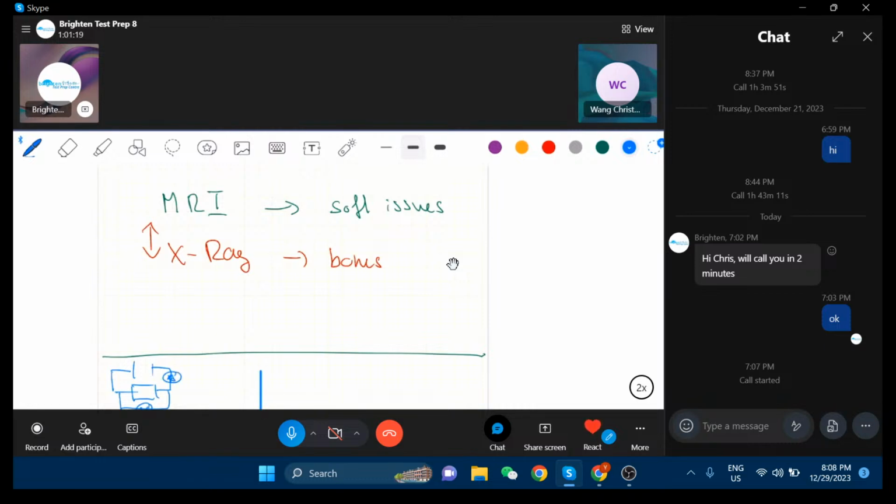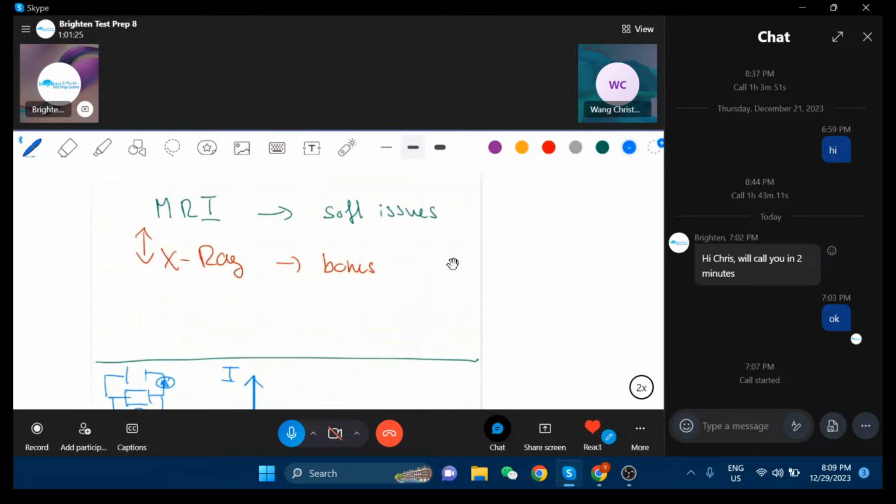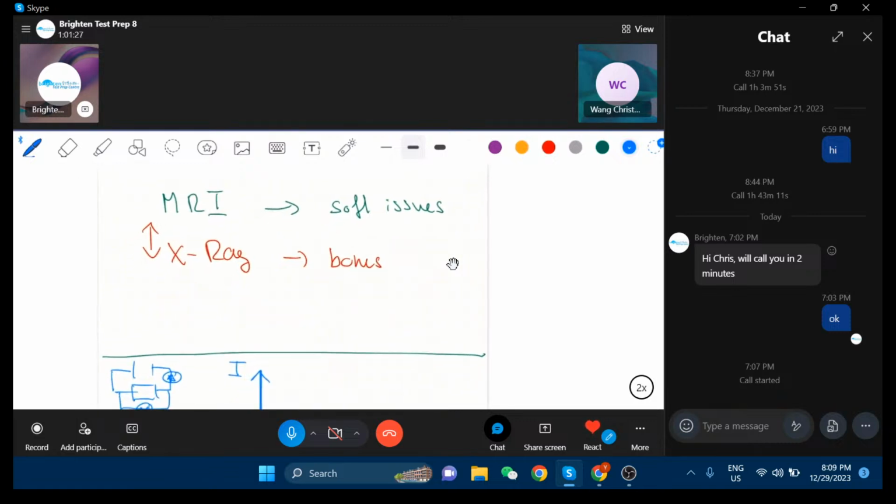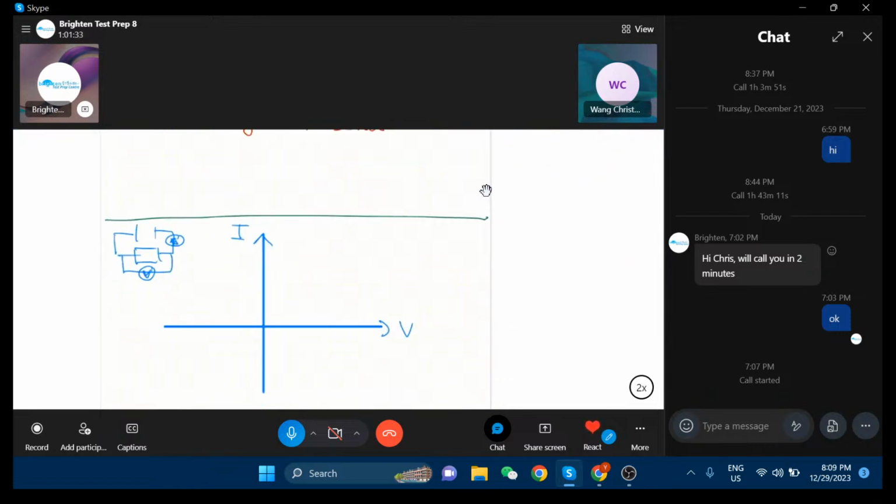If we put that now on a chart, I over V typically, then what type of curve would you usually get for a so-called ohmic behavior? If the resistor here has an ohm behavior, how would I have to draw the curve for I and V, so I over V?